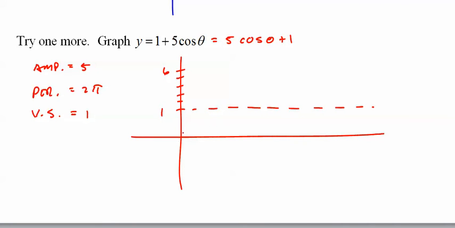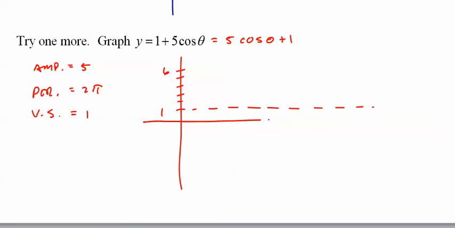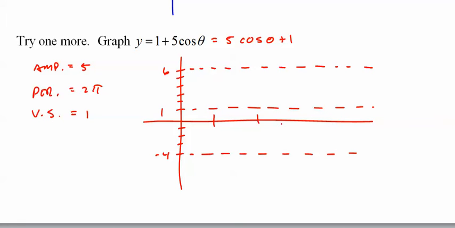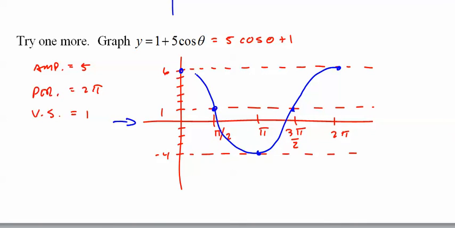Oh boy, that's really terrible. 1, 2, 3, 4, 5, negative 4. 1, 2, 3, 4, 2 pi, pi over 2, 3 pi over 2. Cosine, start at the top, no negative, don't hit the middle line, don't hit the axes. Boy, I make that mistake a lot. That's a good graph. I'm proud of myself.